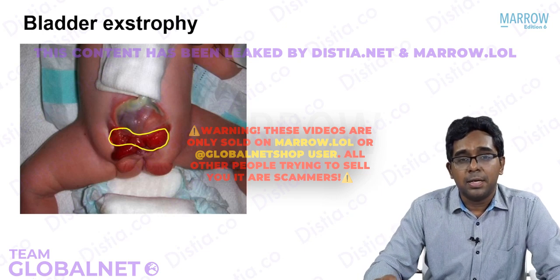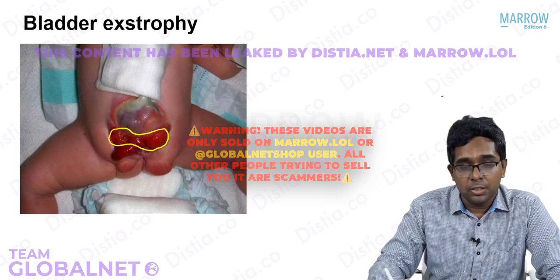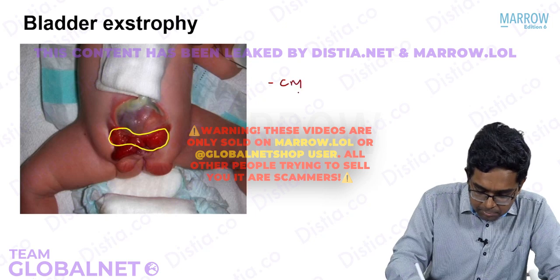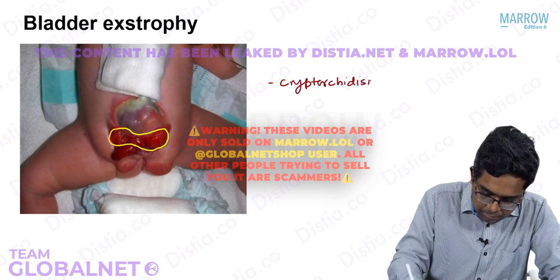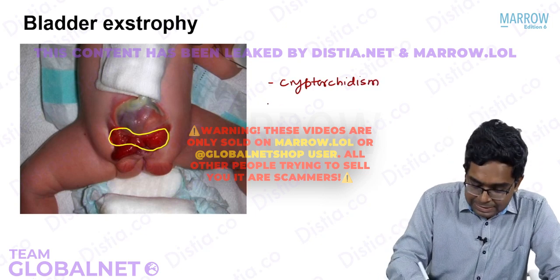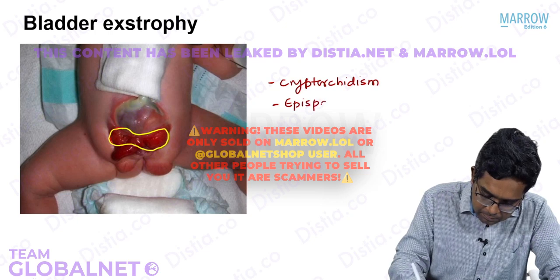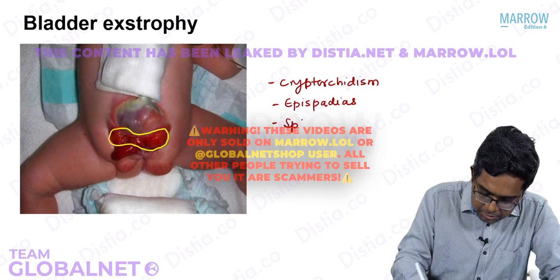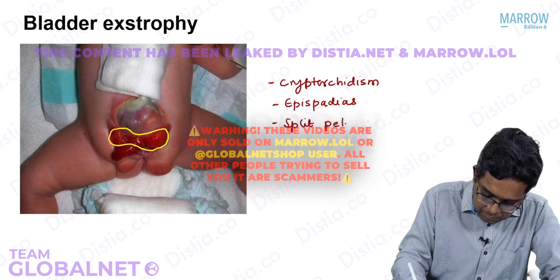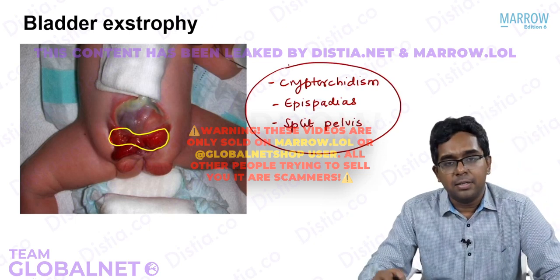Now, this particular condition is usually associated with other malformations which include cryptorchidism or undescended testis. Next is epispadias, and the third important finding is a split pelvis. These are three important associated findings in bladder extrophy.